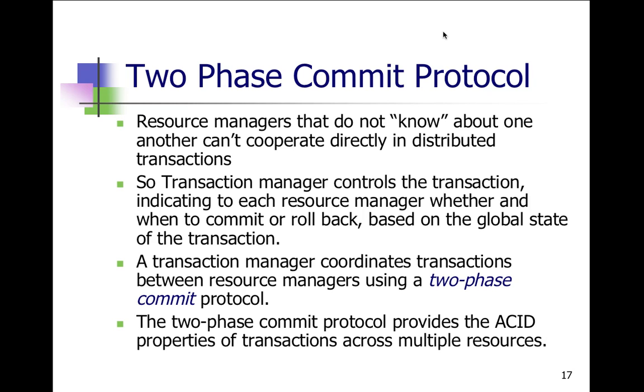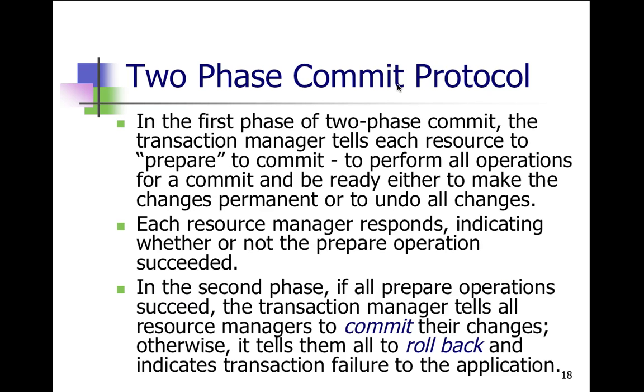So the transaction manager controls the transaction, indicates to a resource manager when and where to roll back or to commit based on the global state of the transaction. The transaction manager coordinates the transactions between the resource managers using a two-phase commit protocol. Basically 2 steps instead of 1 to commit it. The two-phase commit protocol provides the ACID property of transactions across multiple resources.